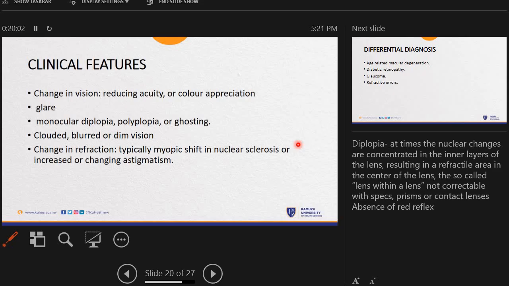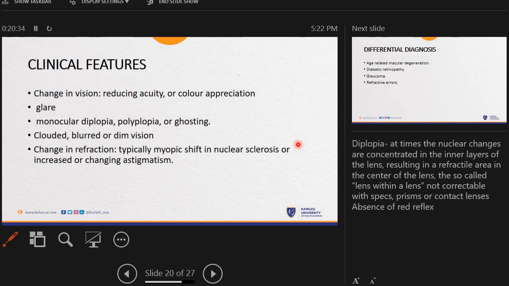Monocular, you can also have diplopia, where you have double vision, or even triple vision or multiple vision. This happens because at times the nuclear changes are concentrated in the inner layers of the lens, resulting in a refractile area in the center of the lens, and this is called lens within a lens.